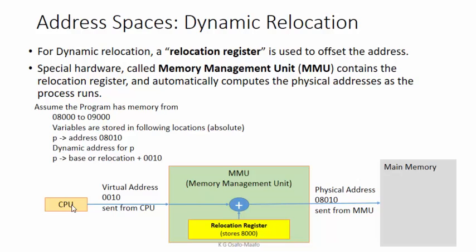This diagram shows a CPU that generates a virtual address, because remember, the CPU is executing instructions from your program, and so if it gets an address, it says, oh, I have this address.